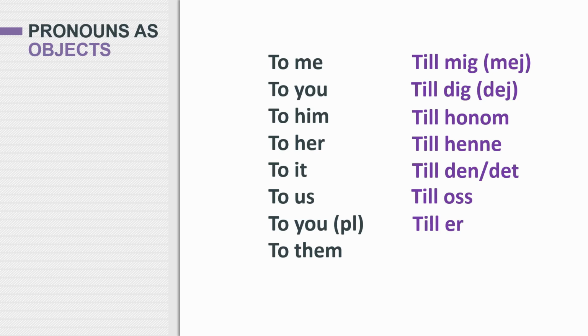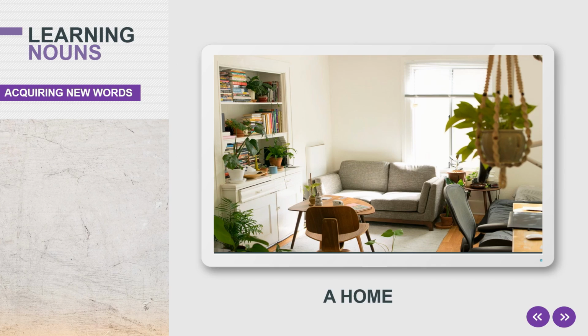And if you want to say to them, how do you think you would say that? Till dem. It's spelled D-E-M in the formal sense, but you can also take the easy way out and spell it D-O-M, which is the way that it's always pronounced. Till dem.